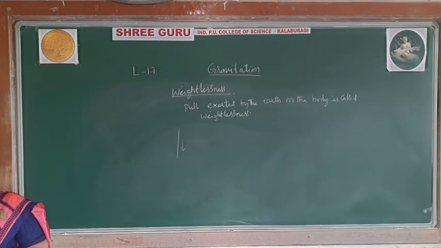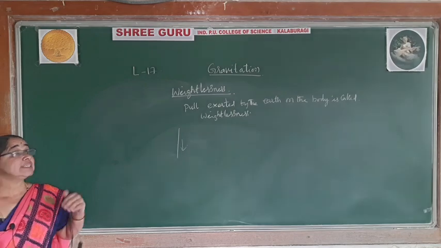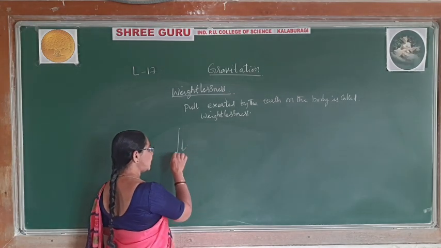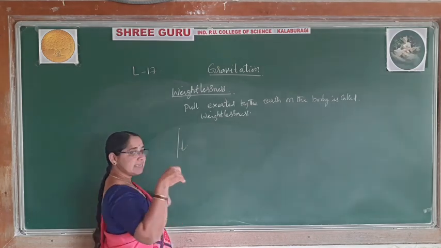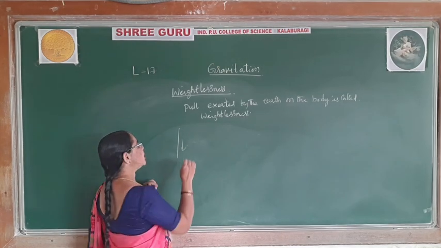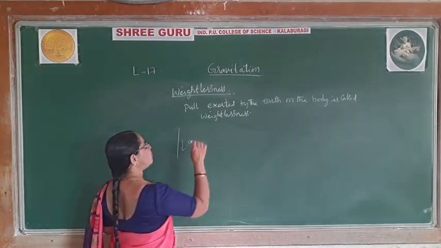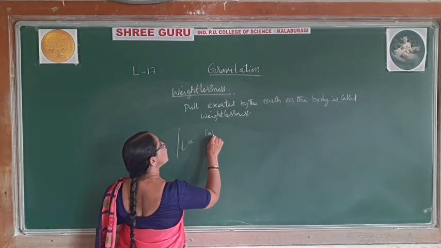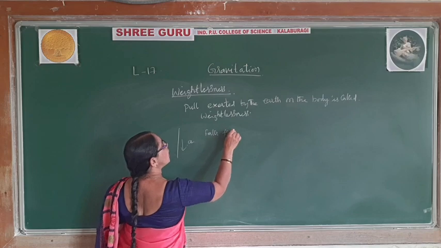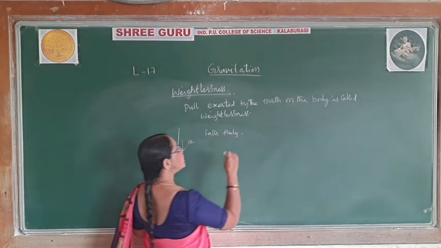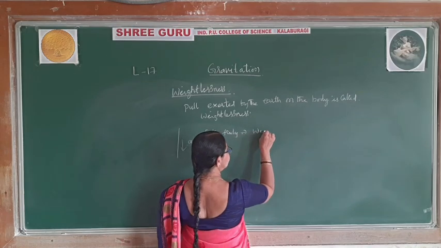Suppose the lift is moving in the downward direction, the person is also moving inside the lift in the downward direction. He is accelerating downwards, we can say. By chance, if the lift falls freely, at that time the person feels weightlessness.